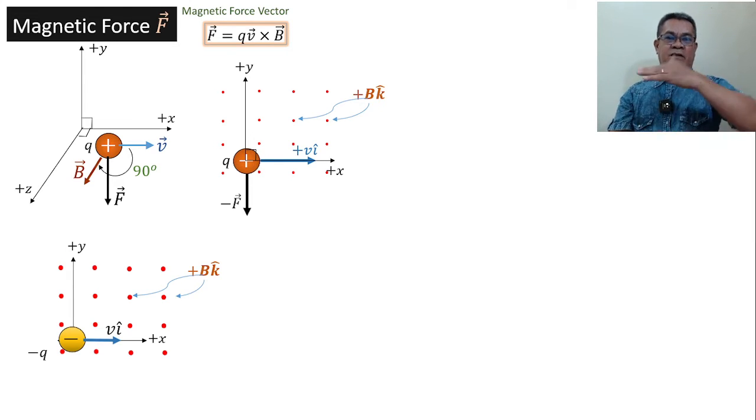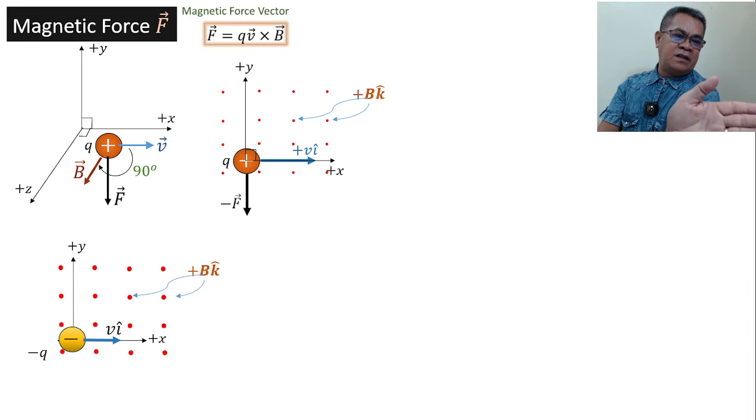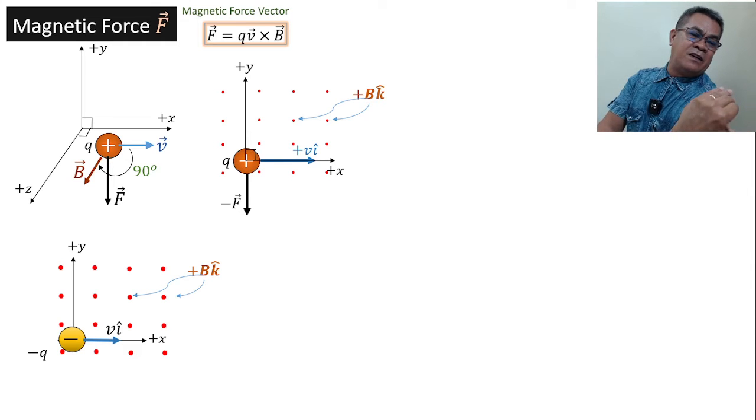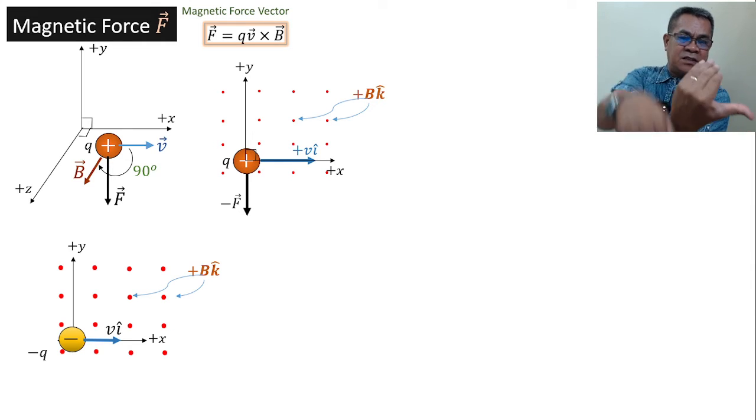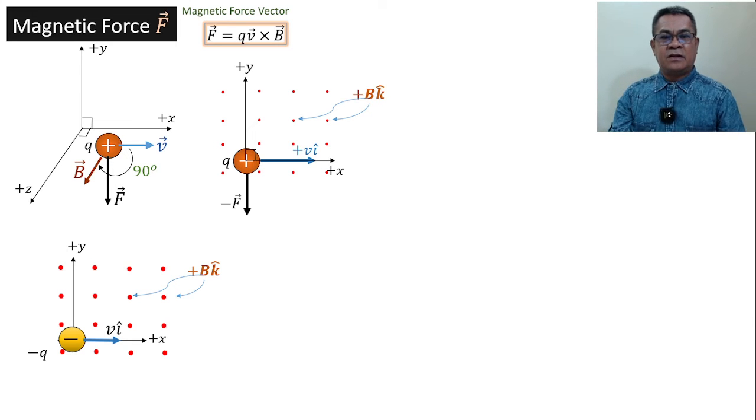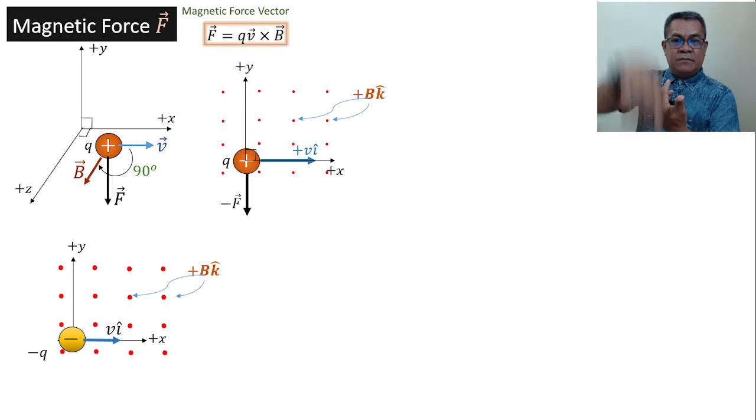Remember, it's difficult for me. You have to place it in opposite. Since the magnetic field is not in that direction, it should be here. So notice that the thumb is directed downward. So the right hand rule gives us the idea that the magnetic force is directed towards negative j hat.